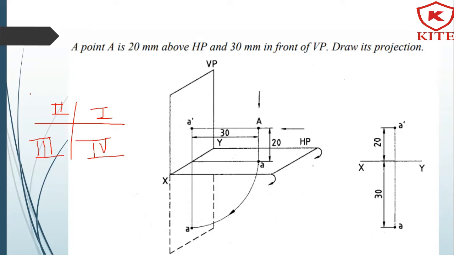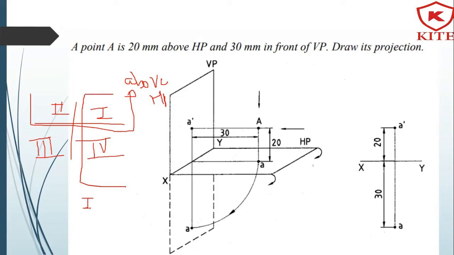For the above HP region and in front of VP, the common region is the first quadrant.